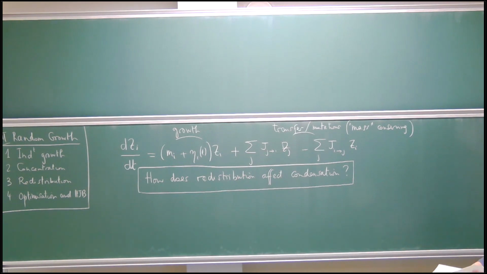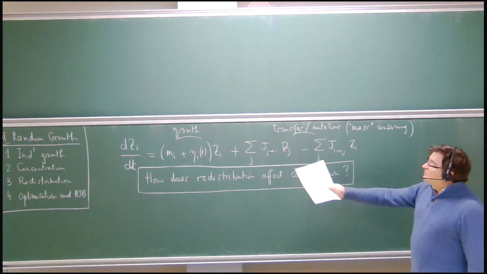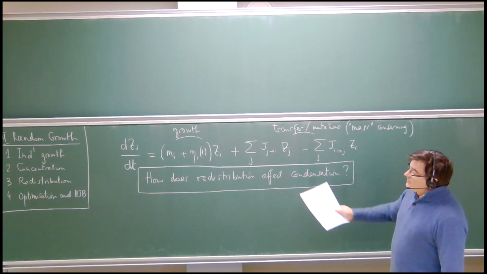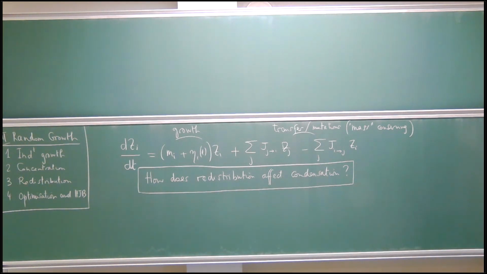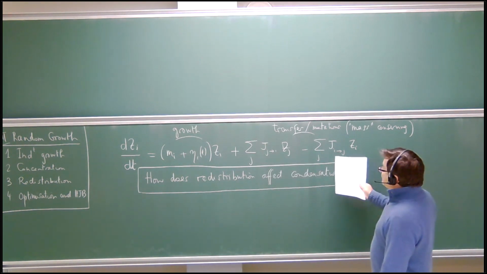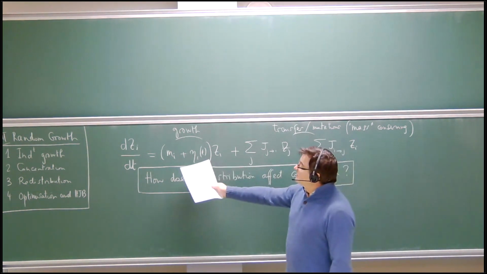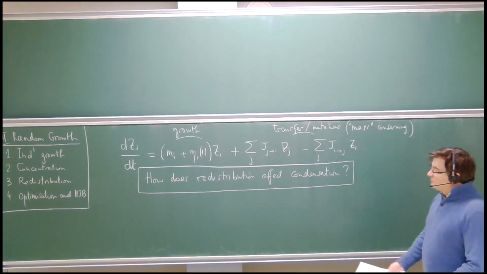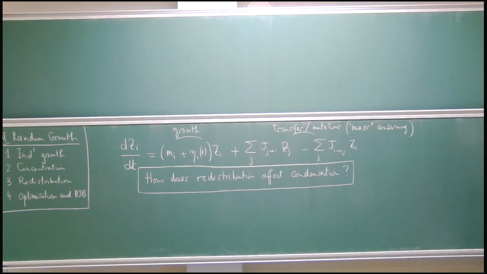In words, it's pretty obvious that moving people from one city to the other doesn't change the size of the population, but you can show it formally. So these terms are mass conserving, whereas this one obviously is not and contributes to growth of the population.